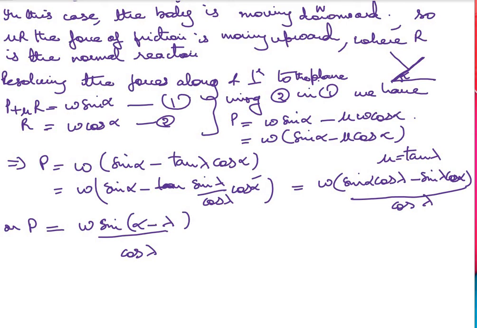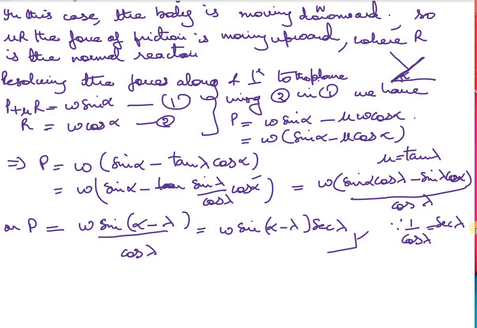So this is same as W sine of alpha minus lambda, but we know that 1 upon cos lambda is secant lambda.